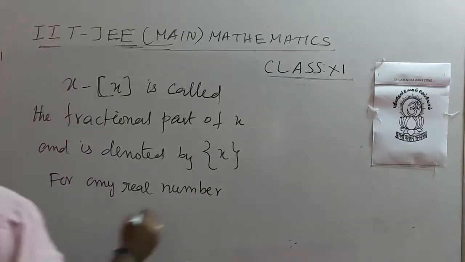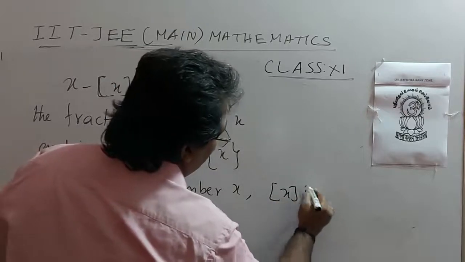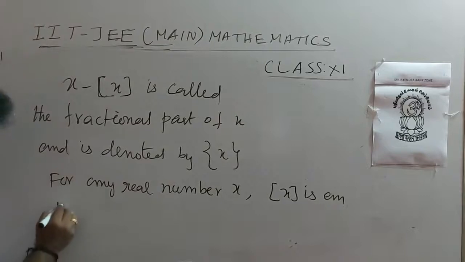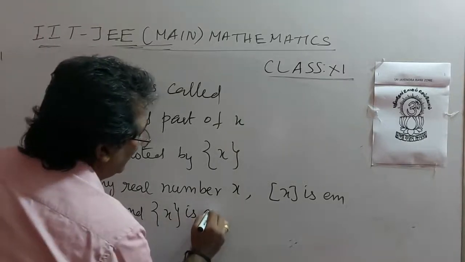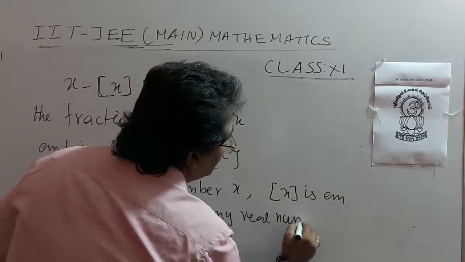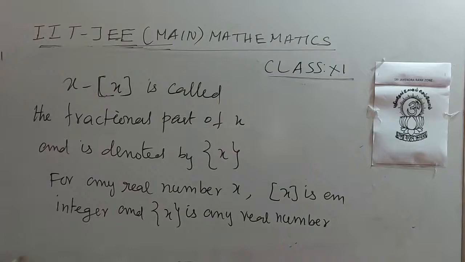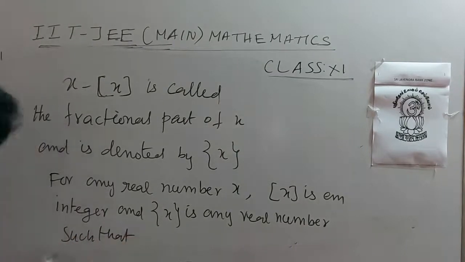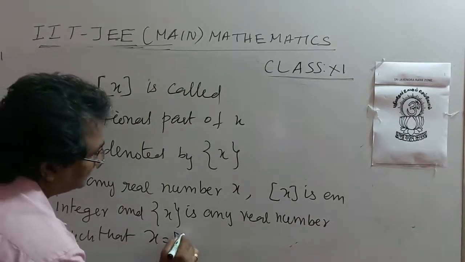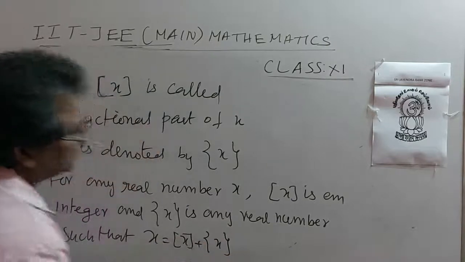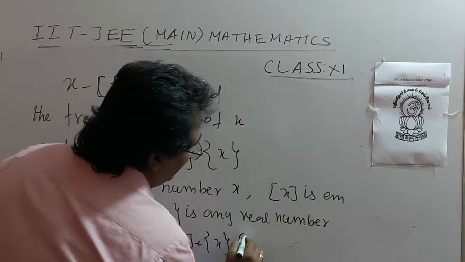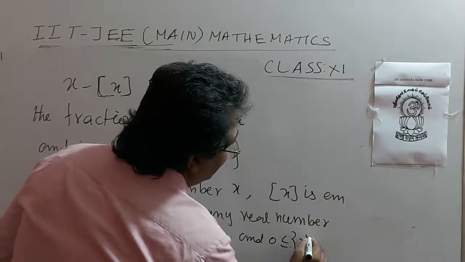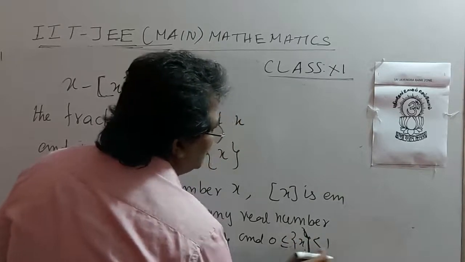For any real number x, [x] is an integer and the fractional part {x} is a real number such that x equal to integer part plus fractional part, and the fractional part lies between 0 and 1.